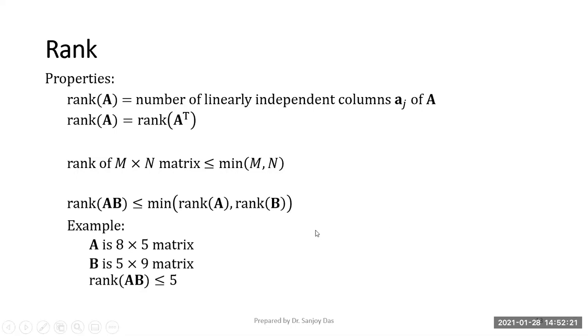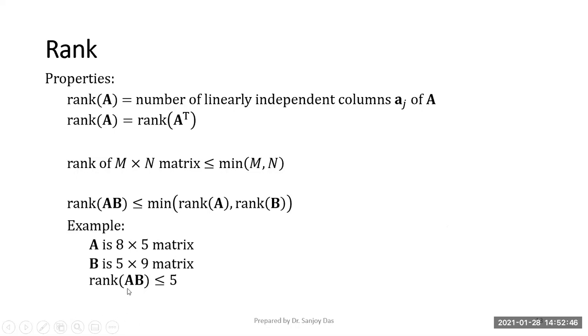I'll give an example and how to geometrically interpret this. So A is an 8 by 5 matrix. What's the maximum possible rank of A? 5, right? B is a 5 by 9 matrix.